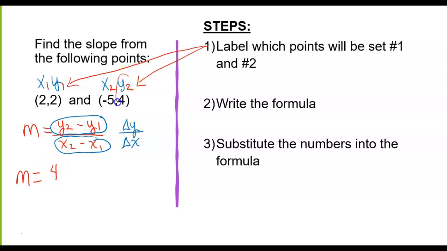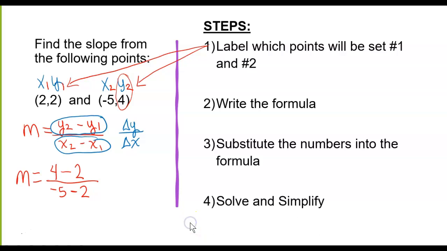Comes right here, y2. 4 minus what value is y1? 2. Over what value is x2? Negative 5. Minus what is x1? 2. So now we've substituted the numbers into the formula.